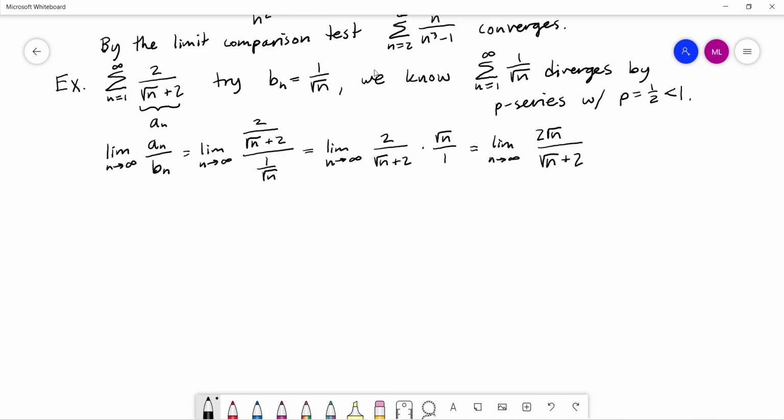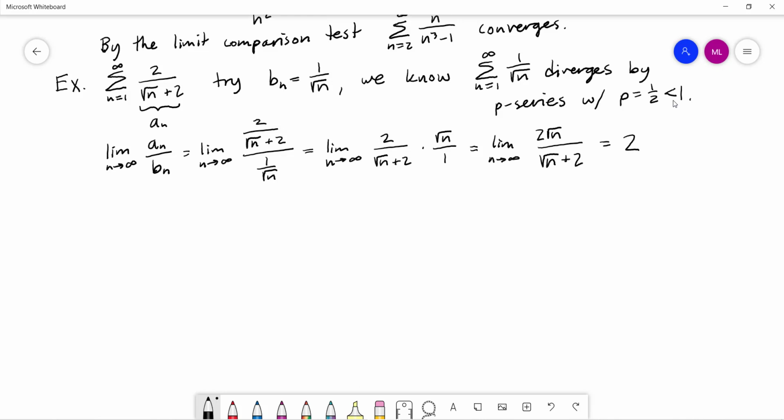And that limit is going to be 2. Again, what's the highest power of n? It's a half power on the bottom, and a half power on the top. Lower powers of n, the n to the 0th, this constant term, become irrelevant for large values of n, and so I just need to look at the ratio of the coefficients. 2 on top, 1 on the bottom, the ratio is going to 2, which again is a finite constant.